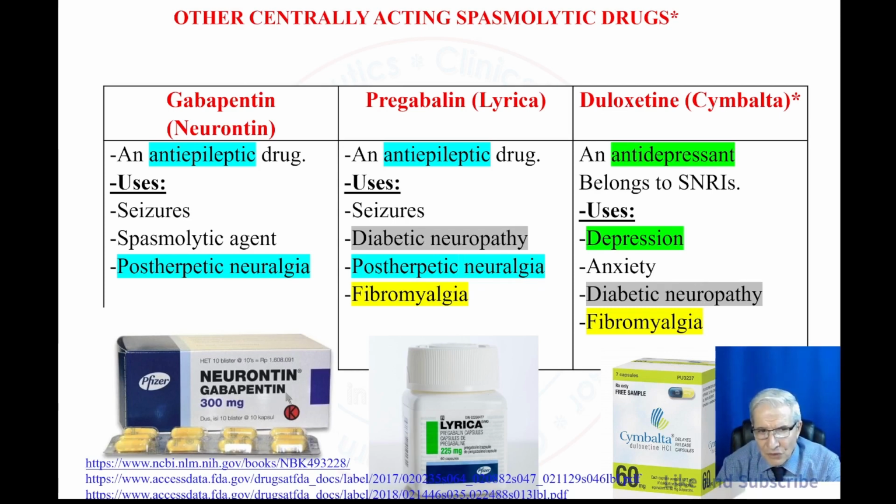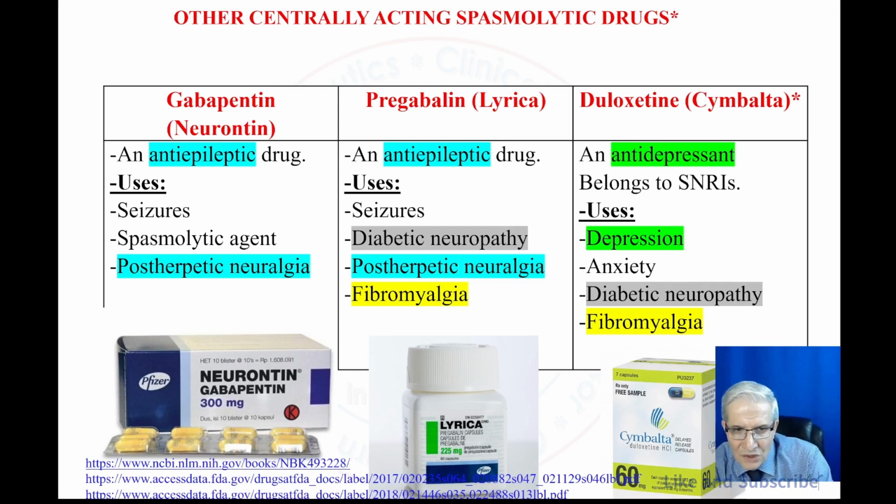So you have the brand names for all these medications: Cymbalta, Lyrica, Neurontin. We have the link for the medication. You can click on the link and read the information about these medications: gabapentin, pregabalin, duloxetine. So the question now: which of the following medications is considered an antidepressant and used for patients with fibromyalgia?